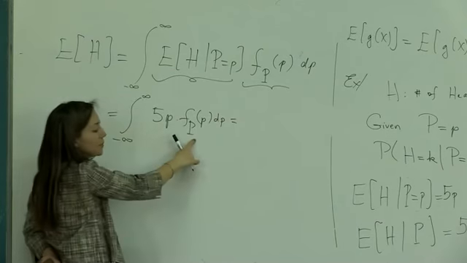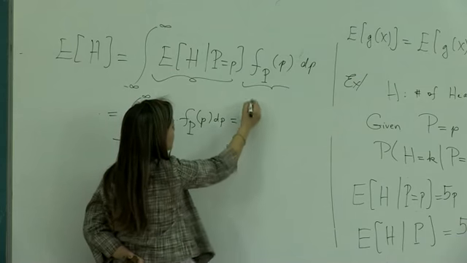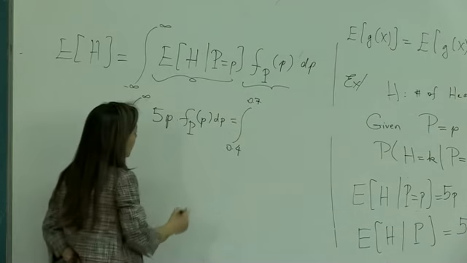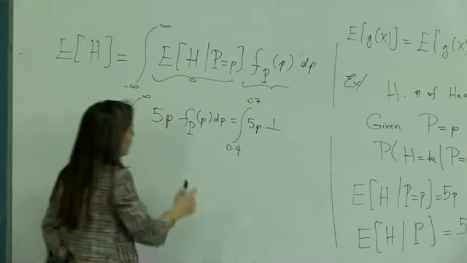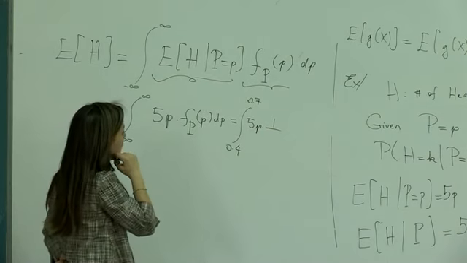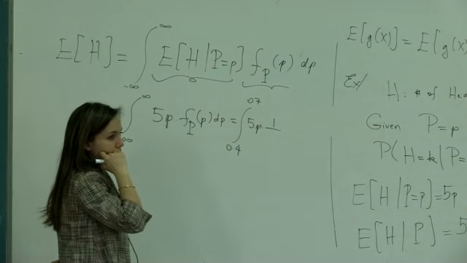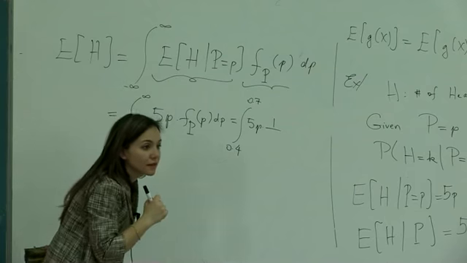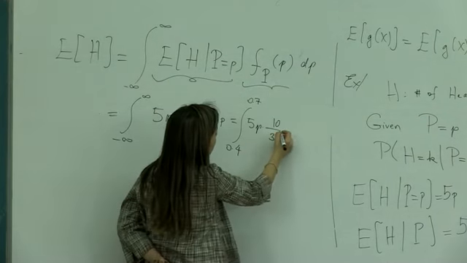Let's now substitute f_P of p in its place from 0.4 to 0.7. 5p times 1 over, what is the height of the density? 1 over 0.3, or 10 over 3.